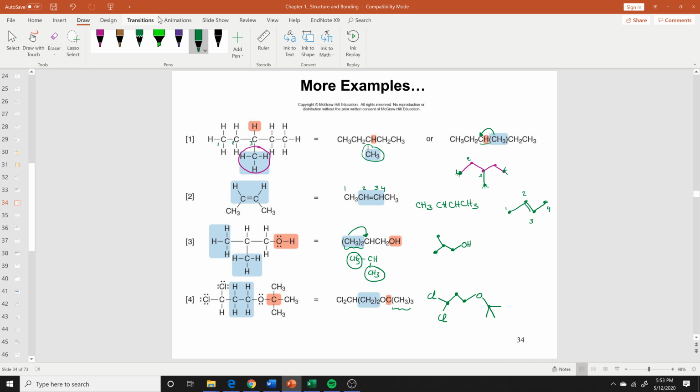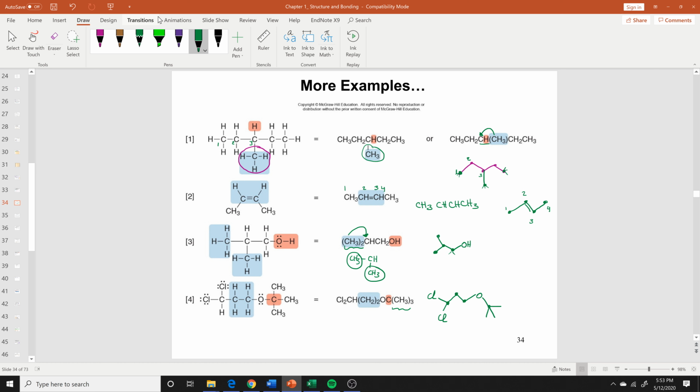You have to draw the chlorines, because other than that you would assume that these are carbons, and it's wrong. Okay? At the end of the skeletal form, you always have CH3s. So this is a CH3, this is a CH3. These are not hydrogens. These are CH3s. This is a CH because it's a branch, and this is a CH2.